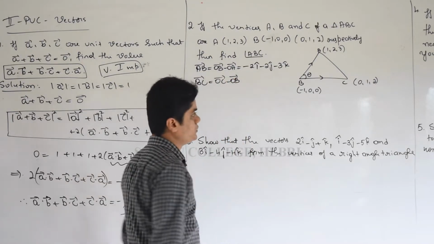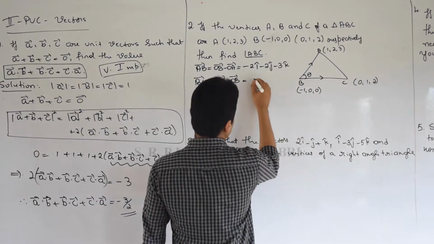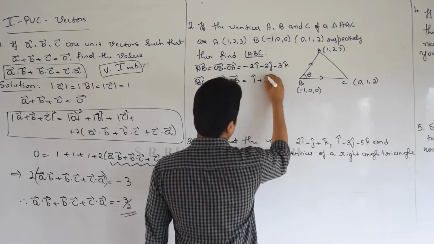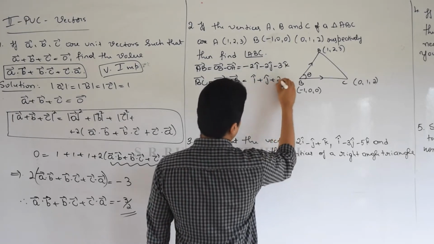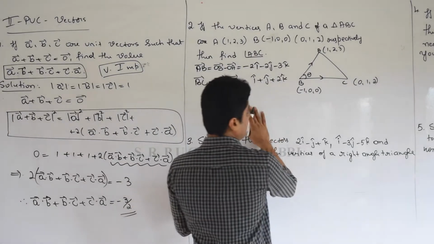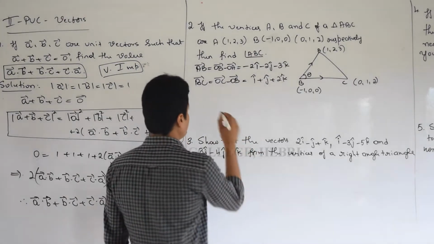That will be 0 minus of minus 1, so 1 I, 1 minus 0, so 1 J, plus 2 minus 0, so 2 K. I hope you understood. Why are we finding this? Because we need the angle between vector AB and vector BC. Now how do we find the angle between two vectors?